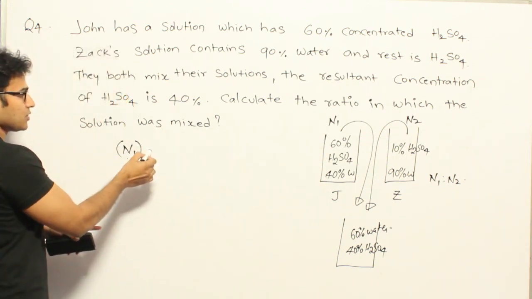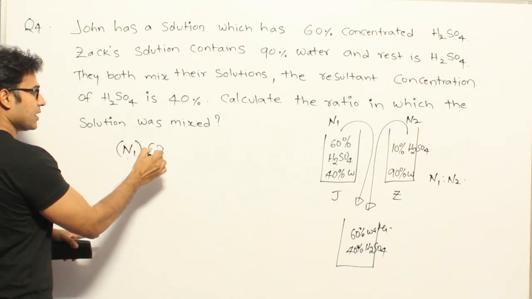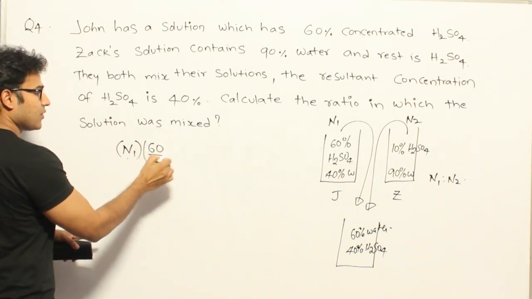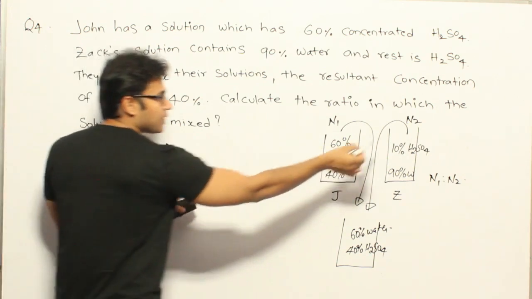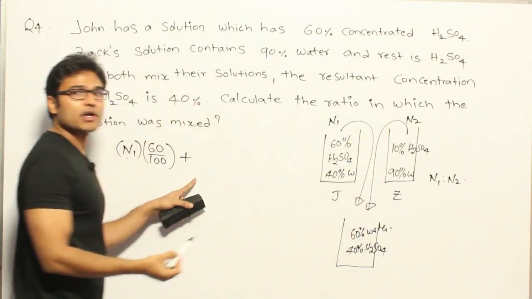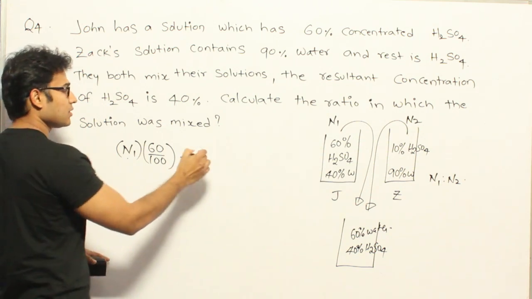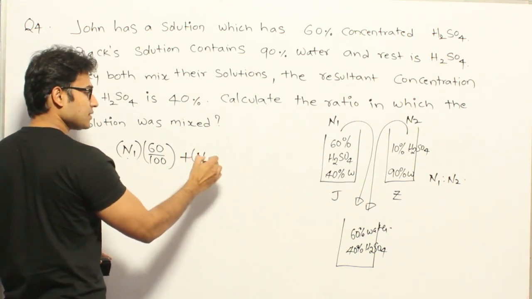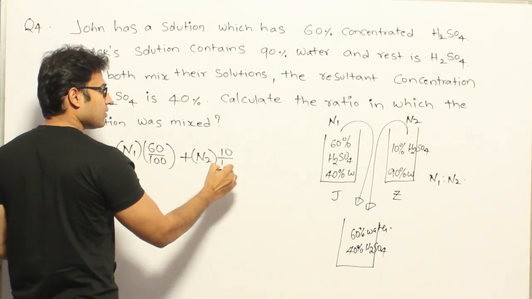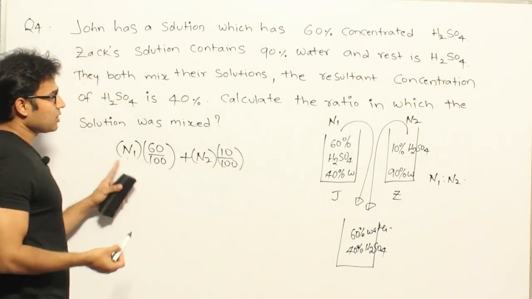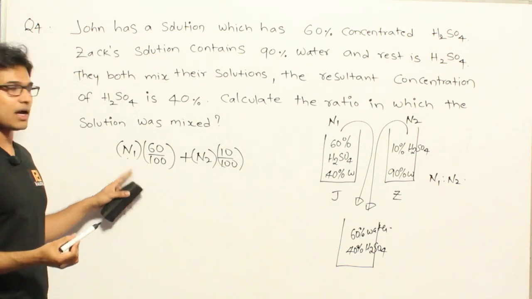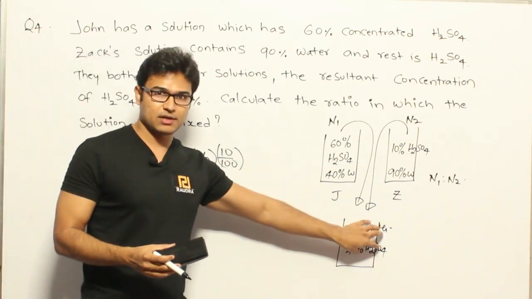Therefore the amount of H2SO4 I will get is 60 by 100 of N1, plus if I am taking N2 liters from here, what is the H2SO4 I get? 10% only. Therefore from N2 liters I will get 10 by 100 of N2 as H2SO4. Now this is the total amount of H2SO4 I'll get into this bottle, right?